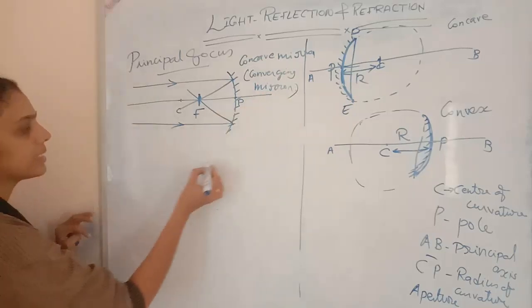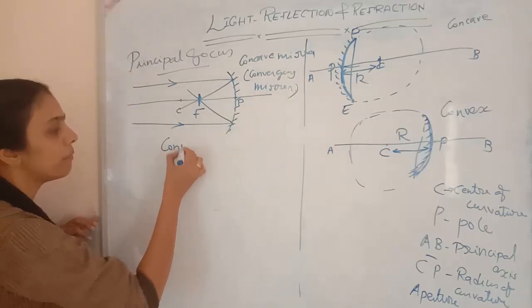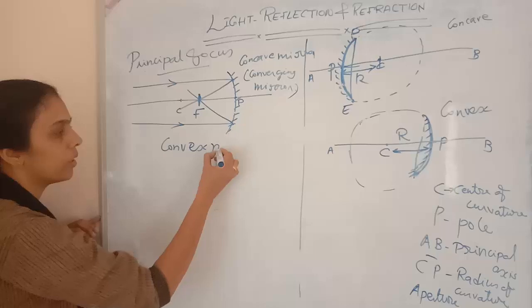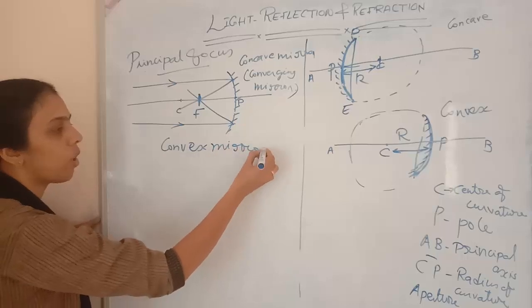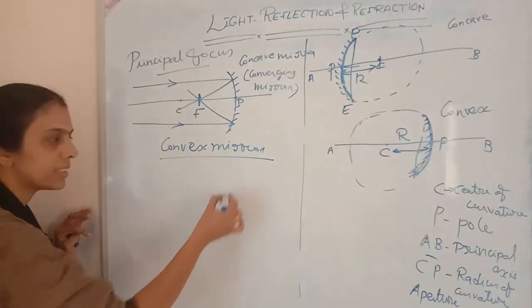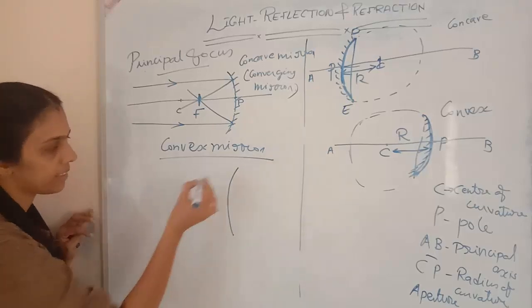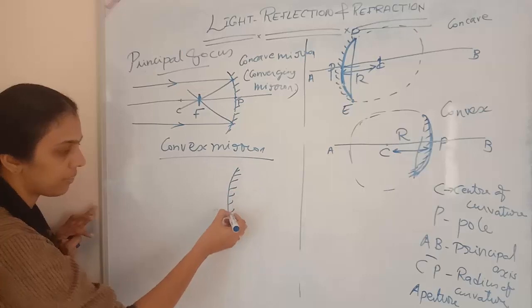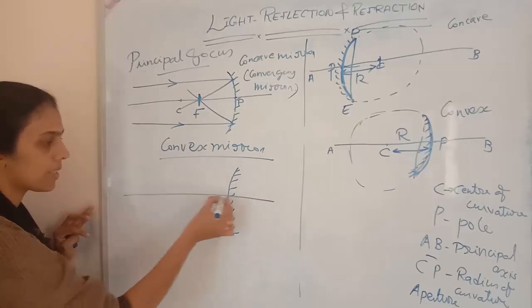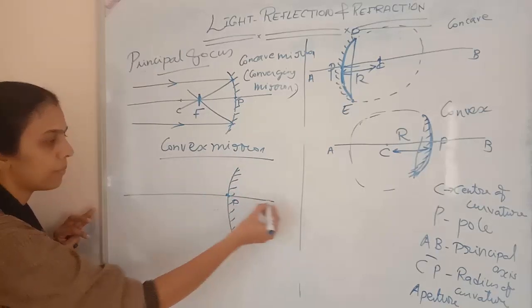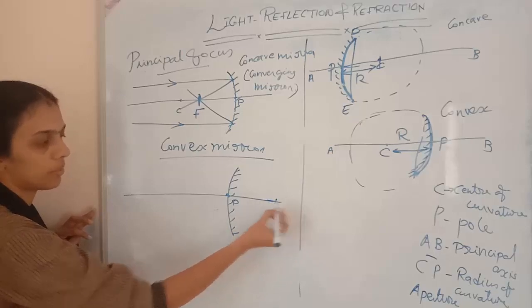Okay, so next is the convex mirror. Convex means bent outwards. Which is bending outwards? The reflecting surface. The reflecting surface is bent outwards. So this is the principal axis, this is P, and here will be the center of curvature.